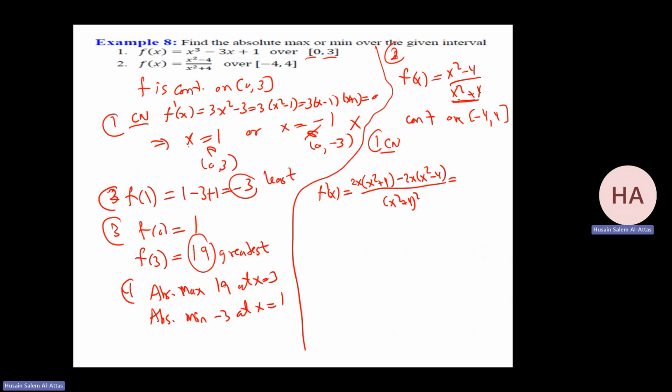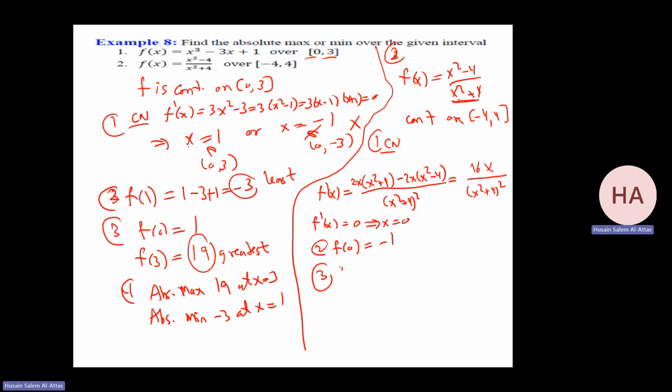I have 8x plus 8x, that will be 16x over this. So f prime equals 0, I have x equals 0. So my second step, check f at 0. That will be minus 1.